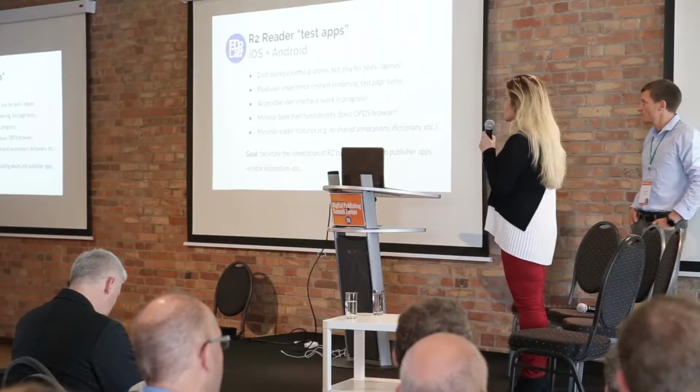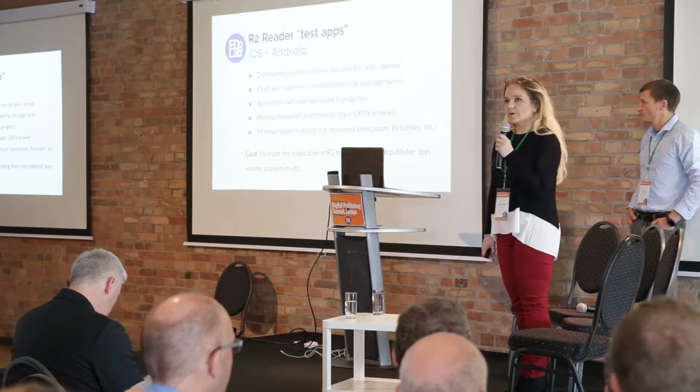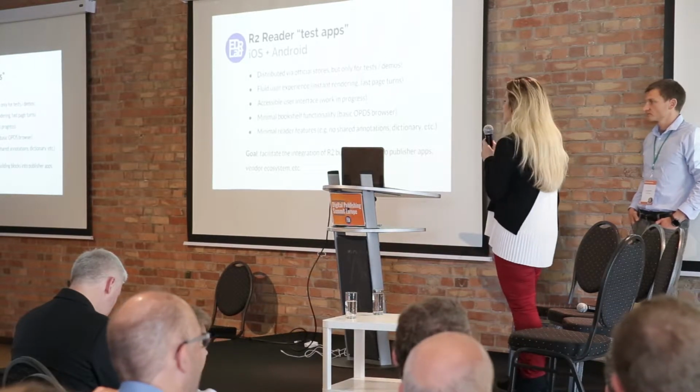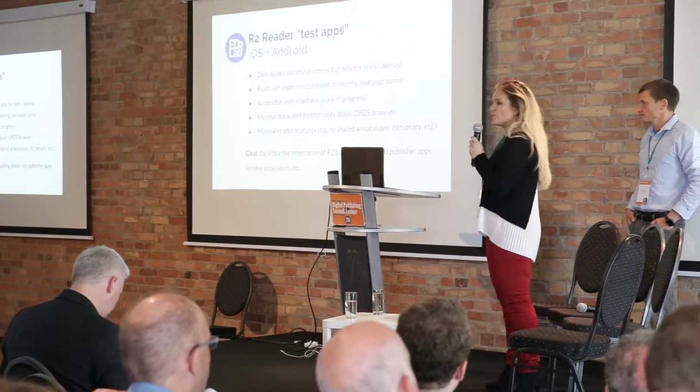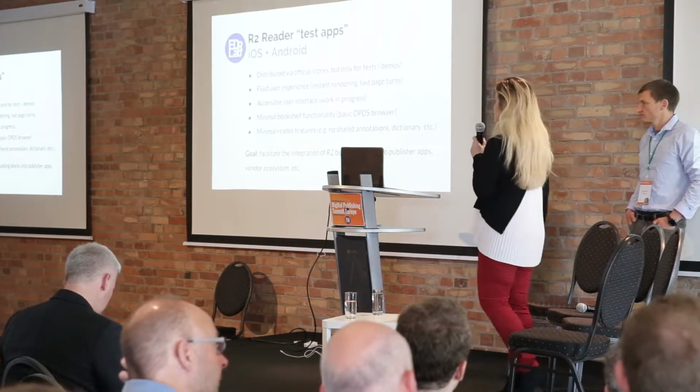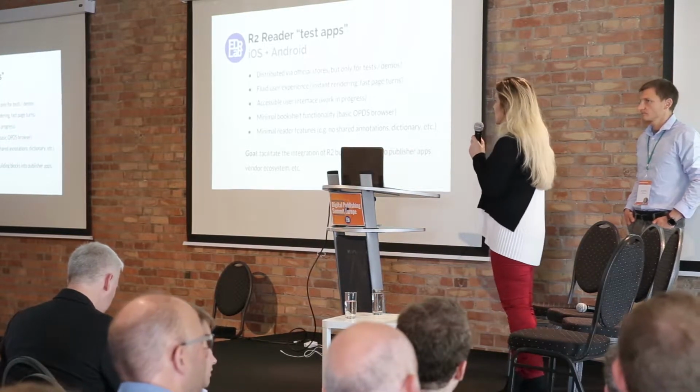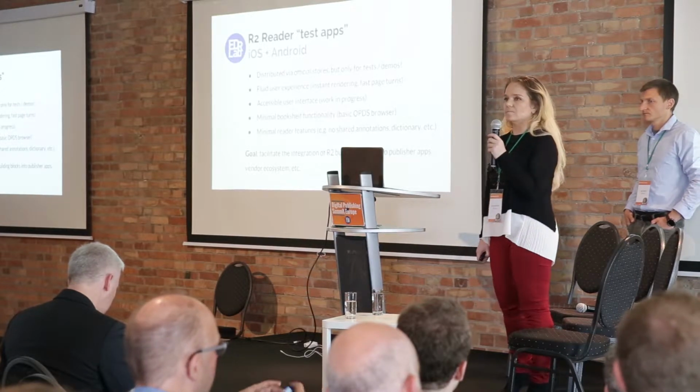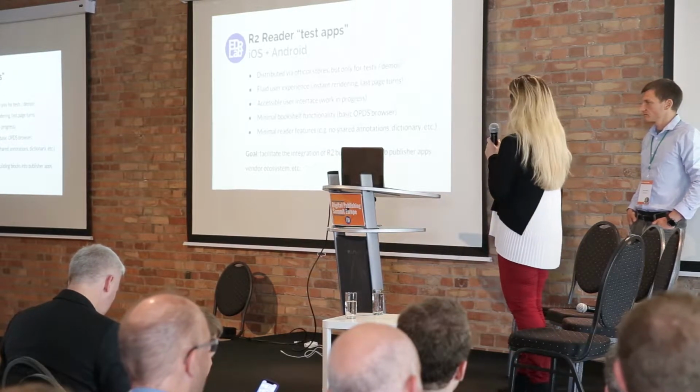Accessible user interface is a work in progress. And what else do we have? I mentioned before the bookshelf experience. We have minimal bookshelf functionality and basic OPDS feed functionalities.